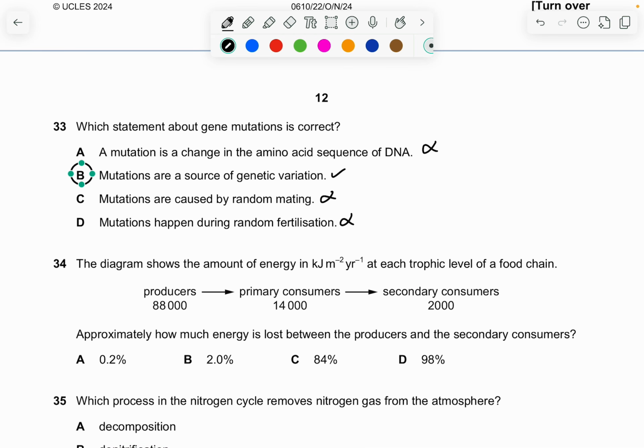Most of the time we think of mutation as a bad thing, like from something good you mutate to become something bad, because we watch a lot of movies where humans mutate into zombies and become bad guys. But the idea is that mutation can be both good and bad, and that is a way of creating genetic variation. That's how most of us in the world, humans, are all different.